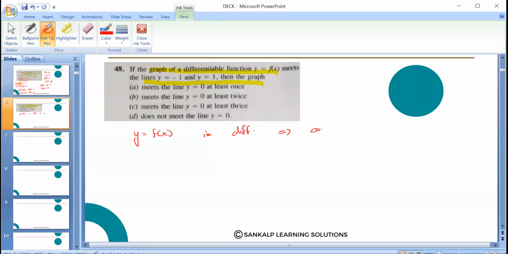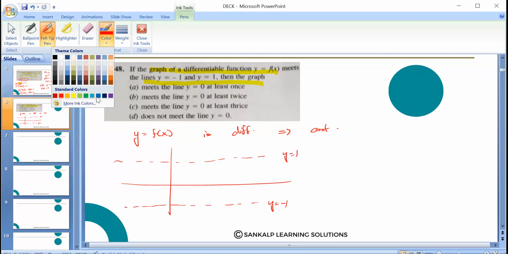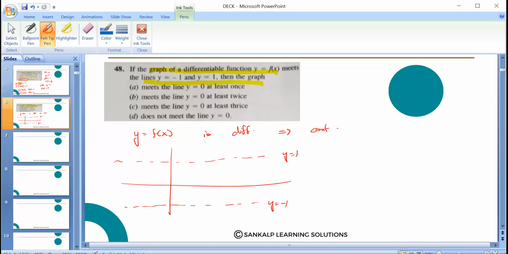That means it implies continuity also. So suppose if you take the graph, y equal to -1 is here. Y equal to 1 is here. It meets the line y equal to -1 and y equal to 1. So at least one time it must meet y equal to 0. Option A.